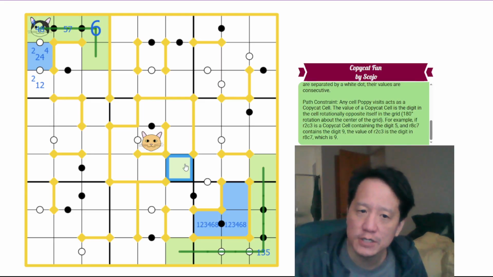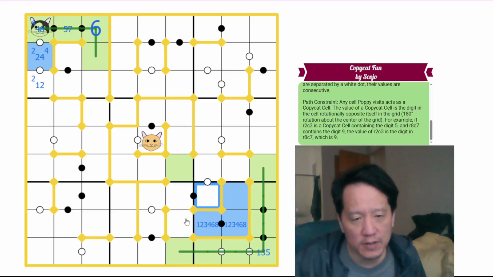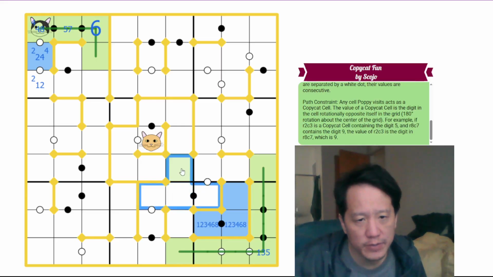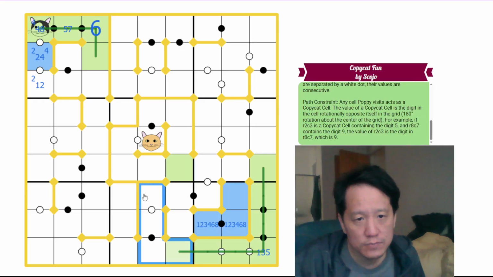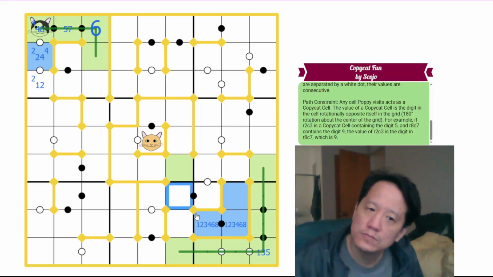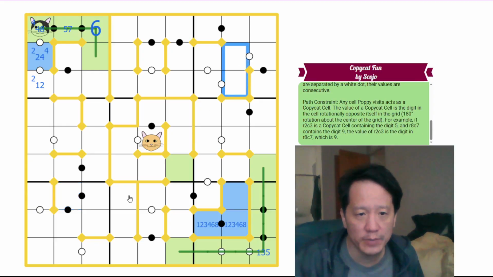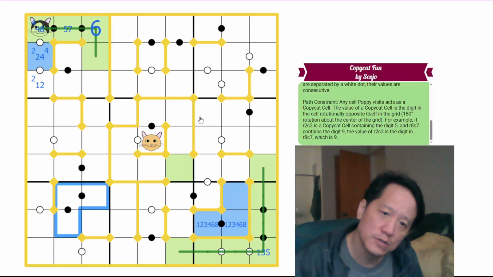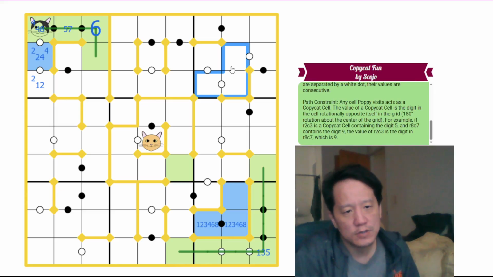That doesn't help us much. What about maybe here? I mean, possibly. So for this, either all 3 of these are in a 1 to 2 ratio, which would make that 2, 4, or they have to be copycat cells, which means correspondingly that would have to be in a 1 to 2 ratio. Okay.